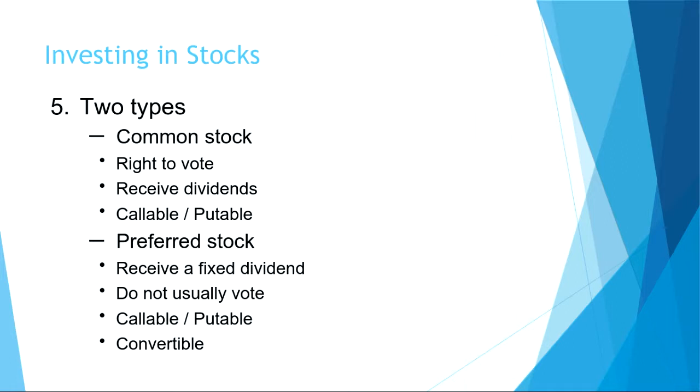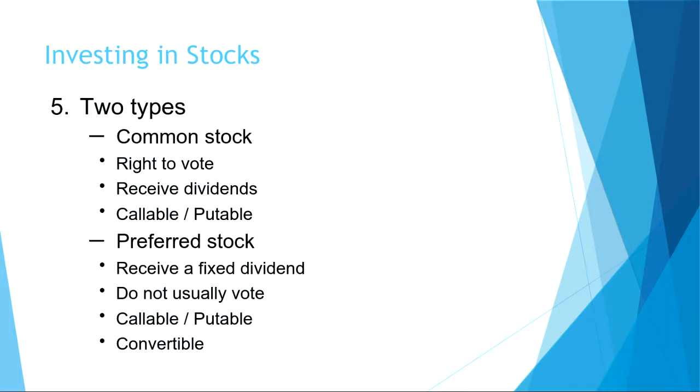If it is puttable, this time the investor has the right to sell these shares to the company. So at the predetermined price, at the predetermined time period, the investors can sell these shares.